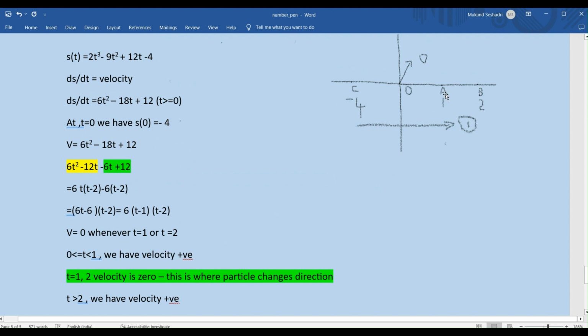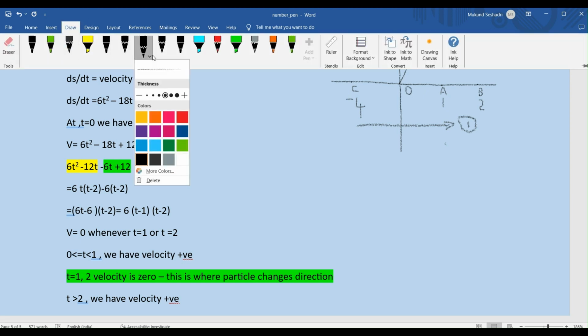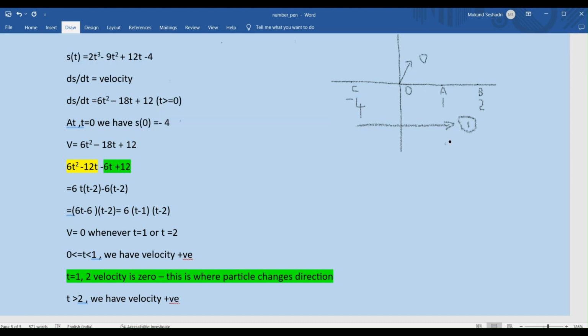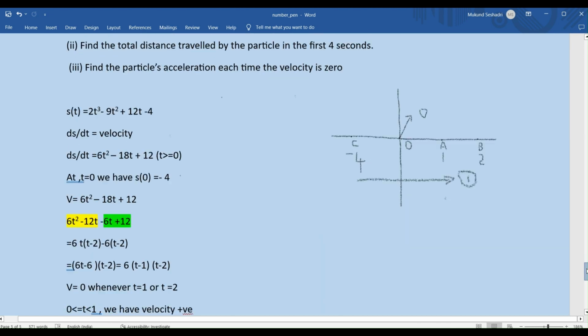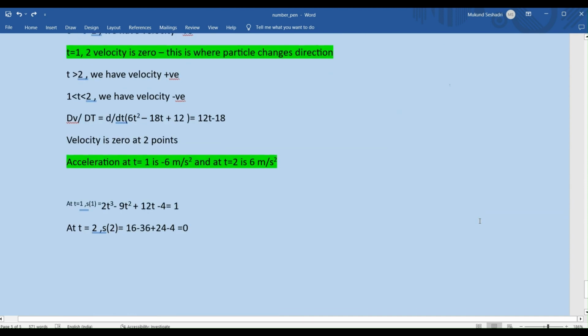So what did we do? At the end of t equals 1, we reached point A from point C. Let me take my pen once again and explain this to you. And then we moved back. Sorry about this. We moved back from point A to the point zero here, at t equals 2.